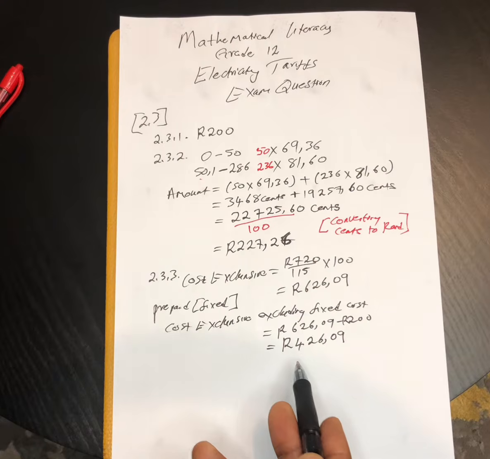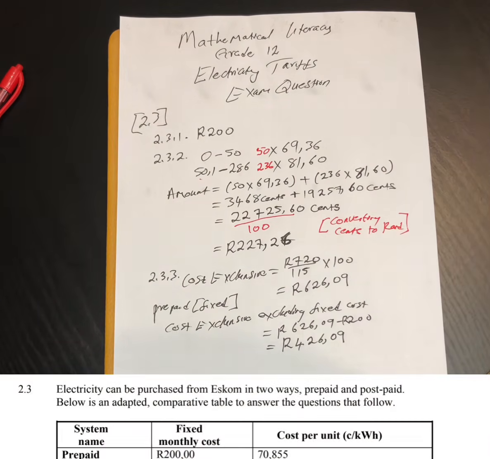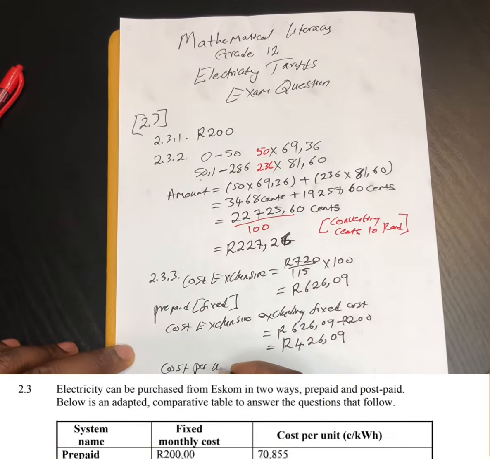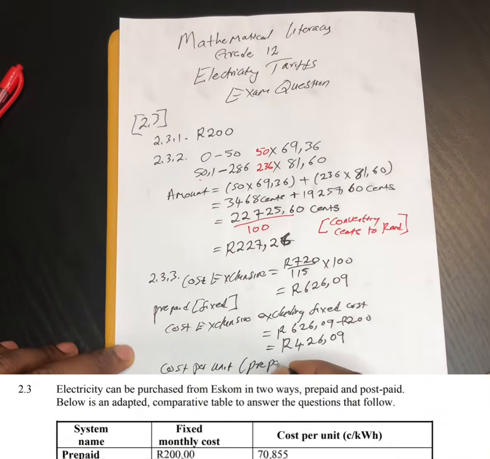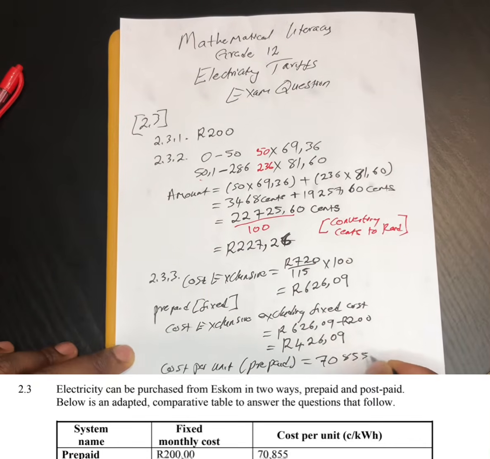So now the next step that we need to do is to make sure that the amounts are on the same units. If you look at the prepaid cost per unit, it is written as 70.855 cents.